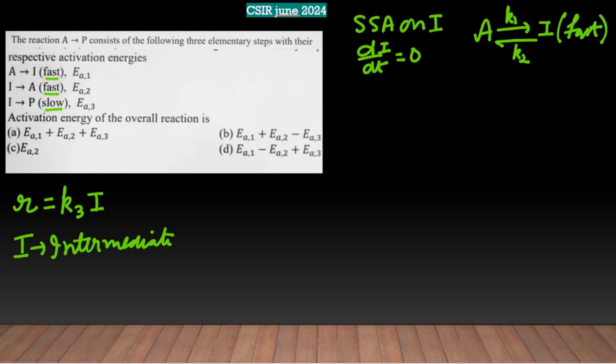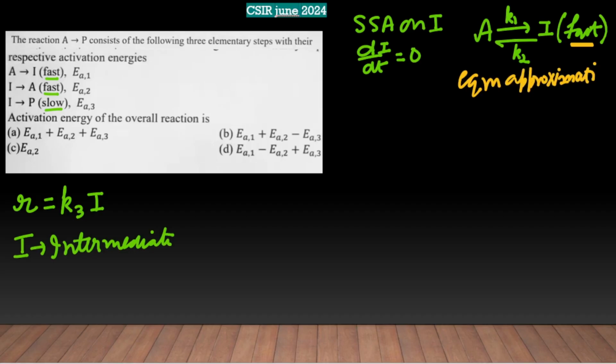So equilibrium is present. Why this equilibrium? Because in the first step I was being formed and in the second it was being consumed. So whenever we have an equilibrium as a fast one, in that case the equilibrium approximation can be used.